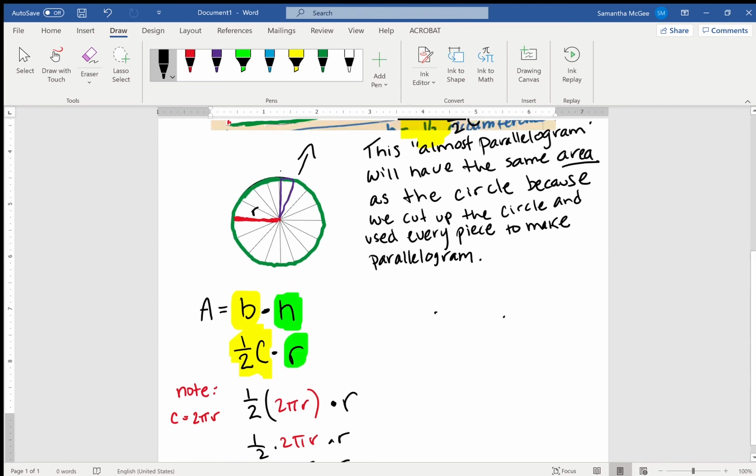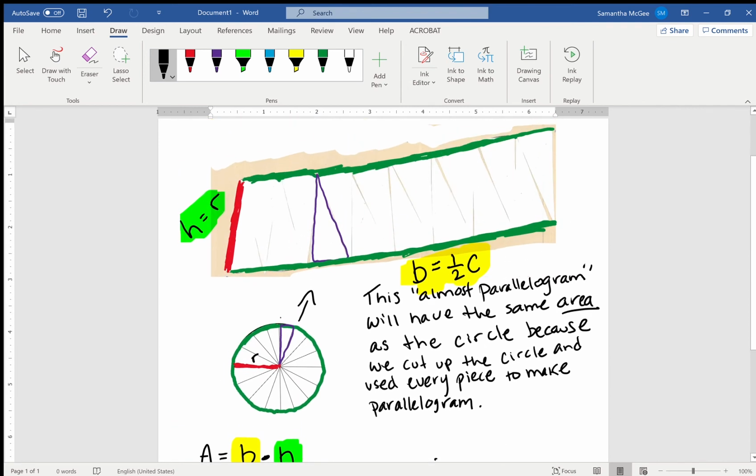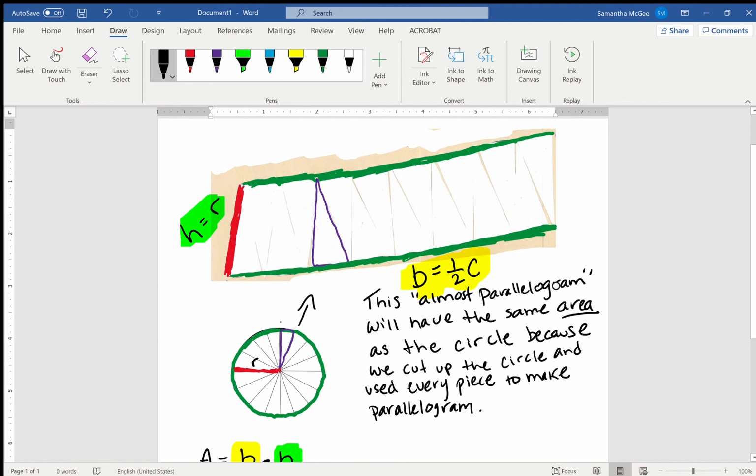So, just another rundown from top to bottom. We started with a circle, we cut it up into 16 equal-sized pieces. The circumference of our circle is these two lengths in green, and the radius is the height.